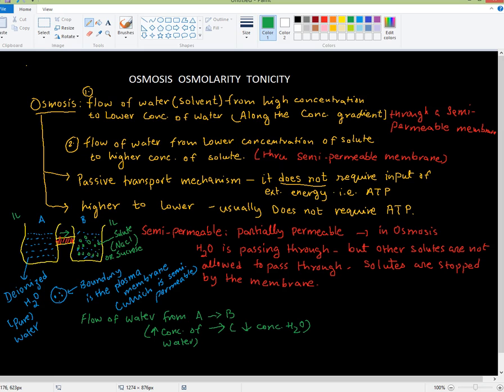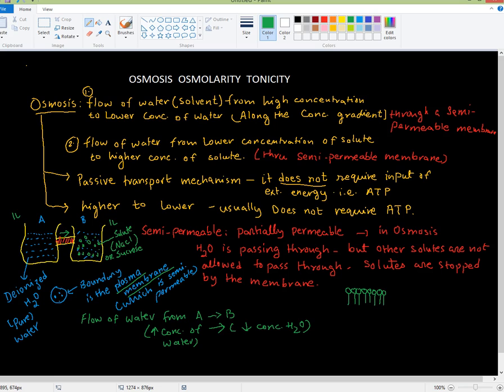So in our cell membrane, in the plasma membrane, water can flow in and out. Okay, so let's draw a little picture of the cell membrane here. I don't have enough room, but I'll still try my best.